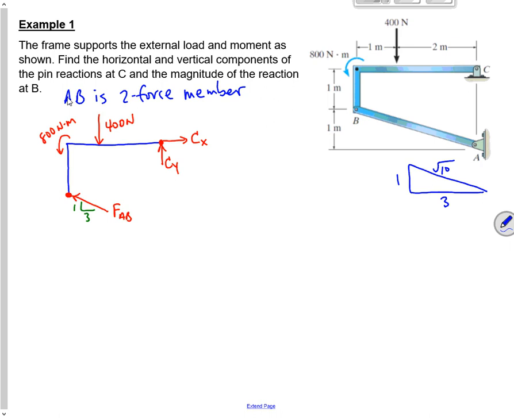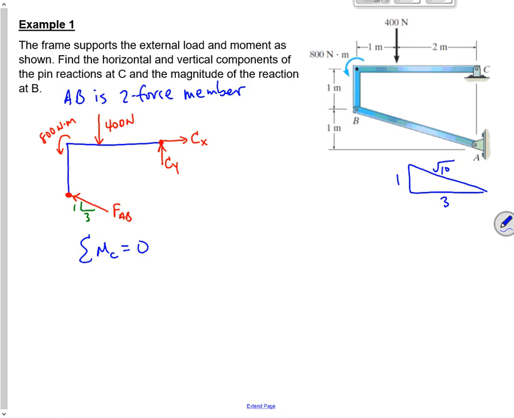So let's calculate the moments about C. The sum of the moments about C has to be equal to 0. So what is the sum of the moments about C? I'm going to break FAB up into components.